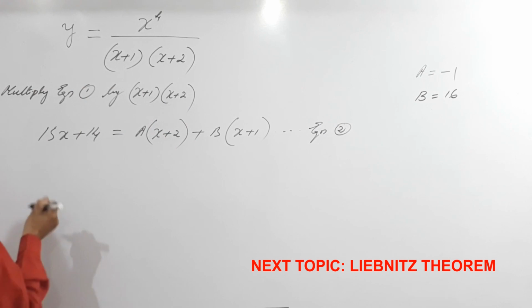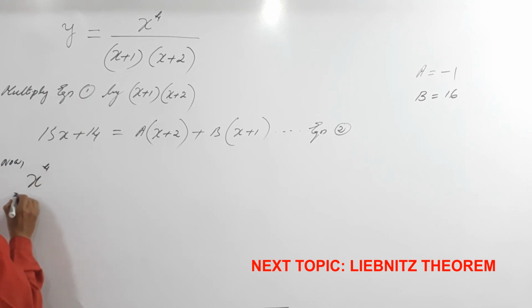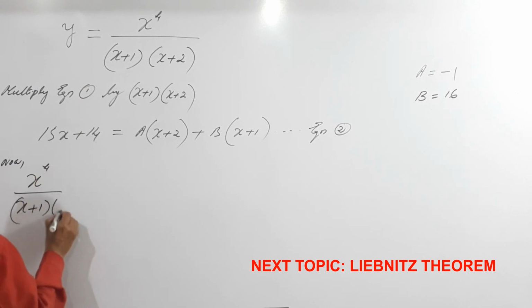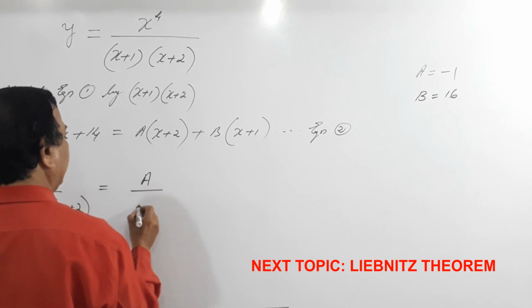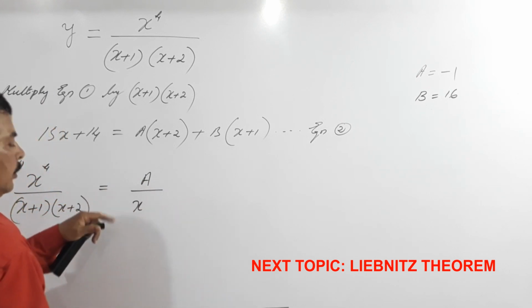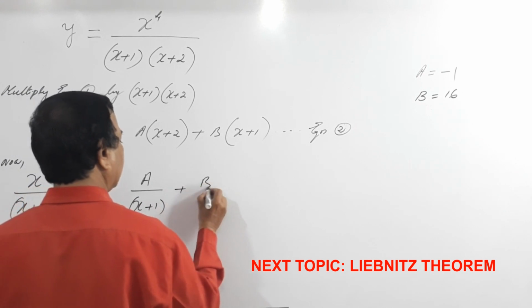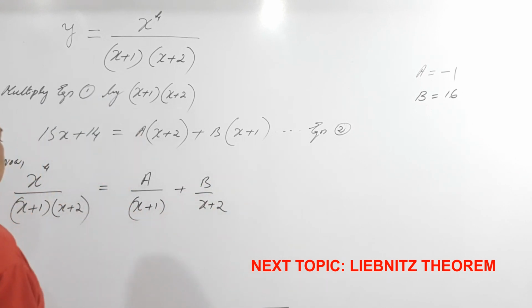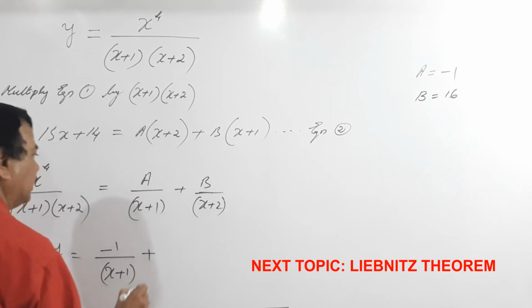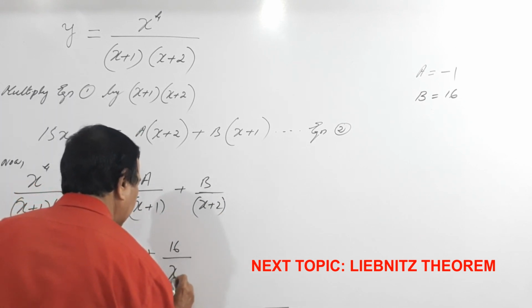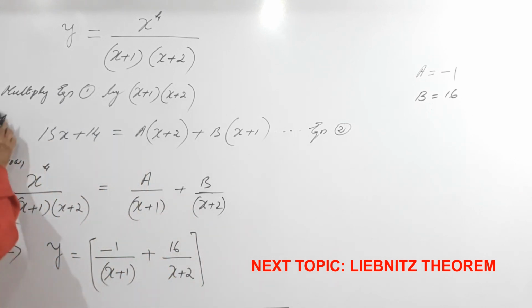What was this? It is nothing but (15x + 14) by (x + 1)(x + 2), that was nothing but a by (x + 1) plus b by (x + 2), correct? a is minus 1 by (x + 1) plus b is 16 by (x + 2), right?